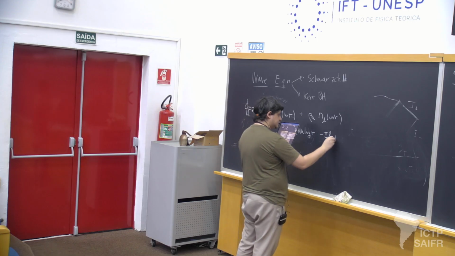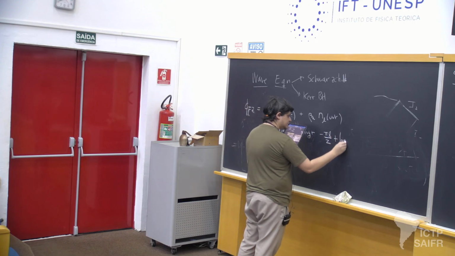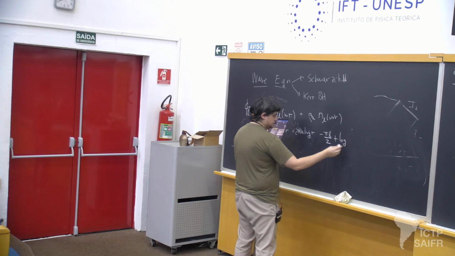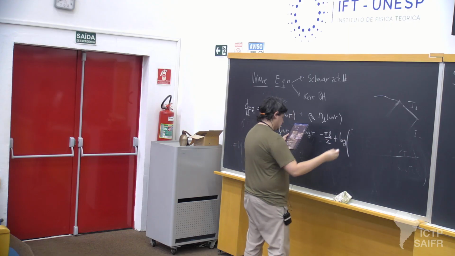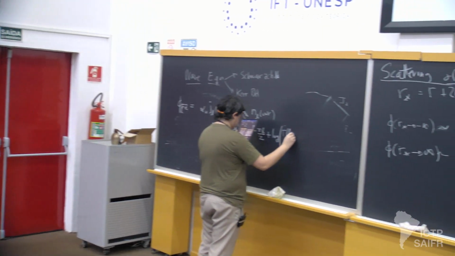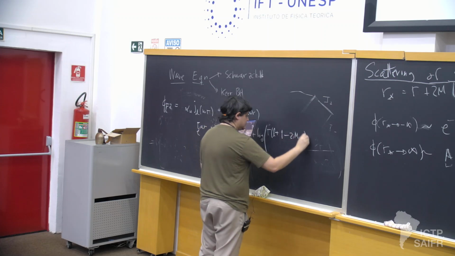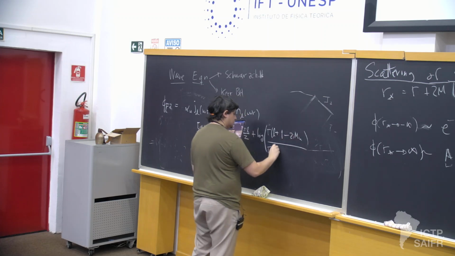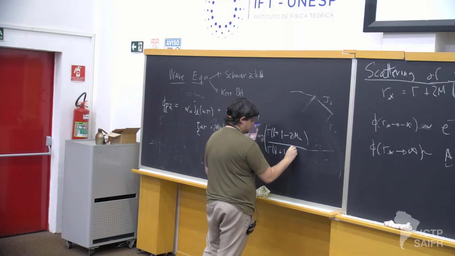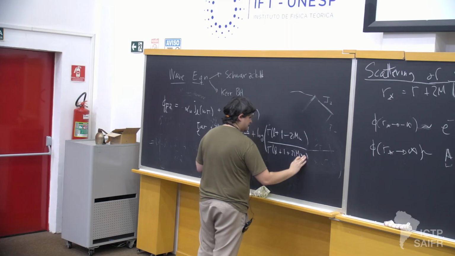And then we have something interesting. We have the logarithm, although it's really a phase, of gamma L plus 1 minus 2 Im omega. Okay.